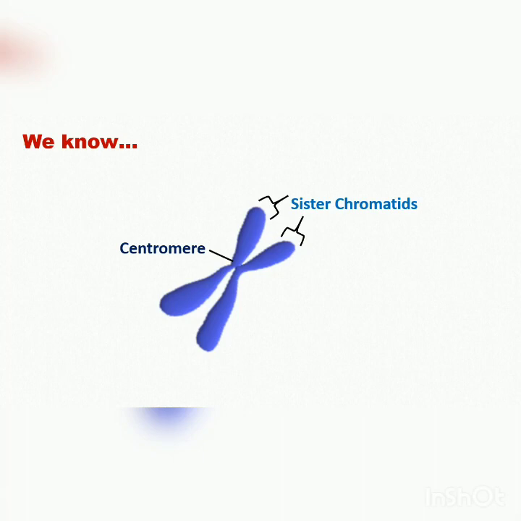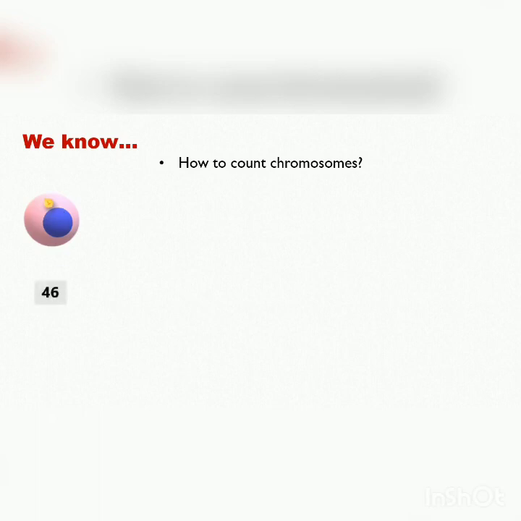Here we need to understand one very important point: each sister chromatid has its own centromere, but in the duplicated chromosome they are so tightly bound to each other at the centromeric region that they cannot be distinguished separately. So we count only one centromere for a duplicated chromosome. Very important, right? So we count one centromere for a duplicated chromosome, till the time these sister chromatids are attached to each other.